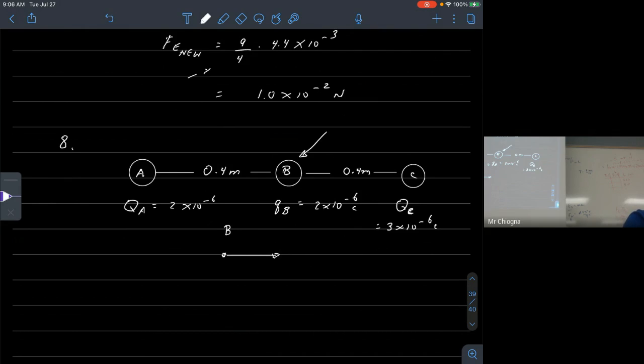A is positive. B is positive. B is going to feel a push. It's going to be repelled by A. So the force on B due to A is to the right. Okay. Now, what about the force on B due to C? C is a little bit bigger than A, 1.5 times bigger.